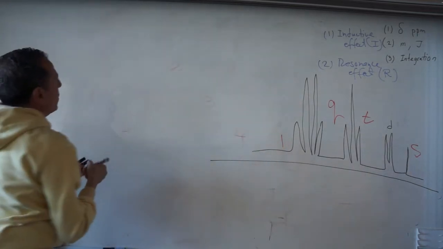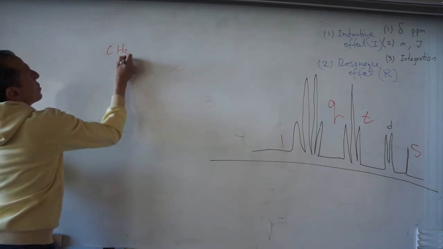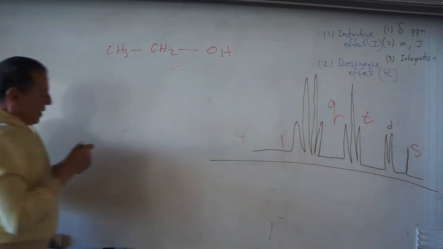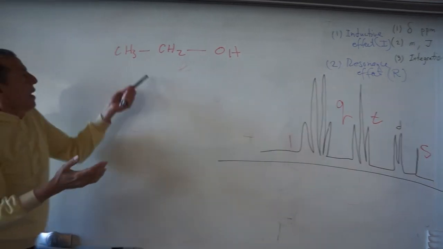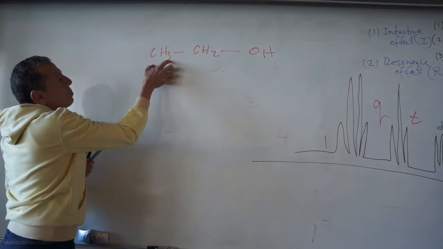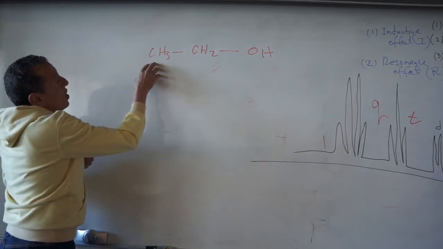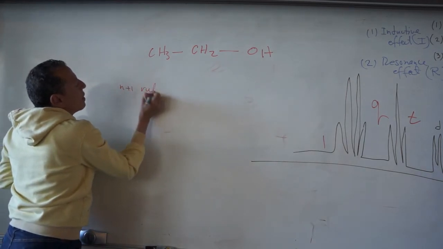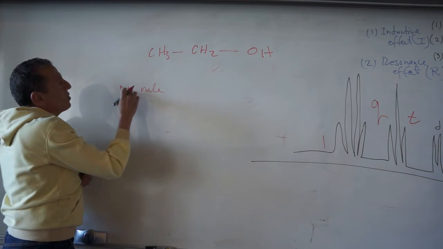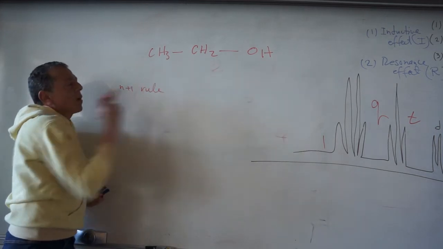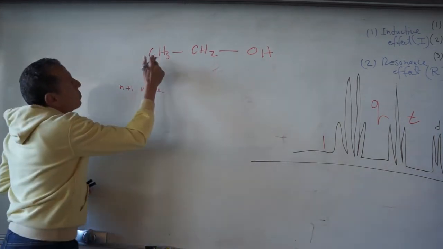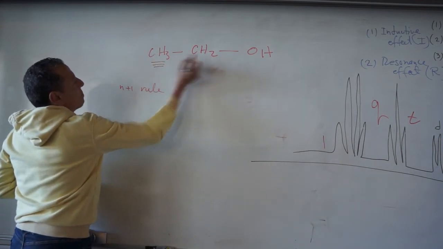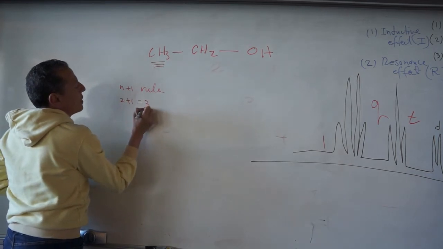I will give you an example. If you take this example, for example, here is CH3, CH2, OH. Now, I would like you to expect with me how you will see this spectrum. Take this group, then how will you see this group? I will follow the N plus 1 rule. N means the neighboring hydrogen atoms carried by carbon. So if you talk about this methyl group, how many protons are on the neighbor? They are 2. 2 plus 1 equals 3.